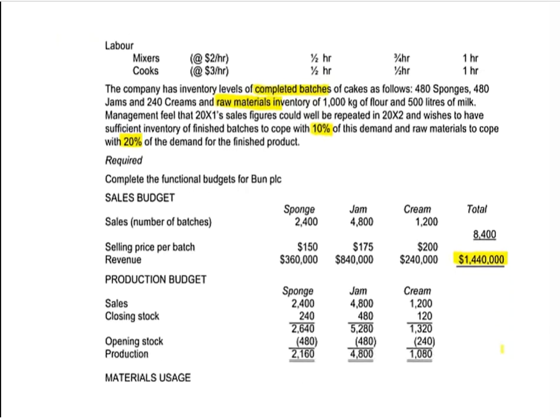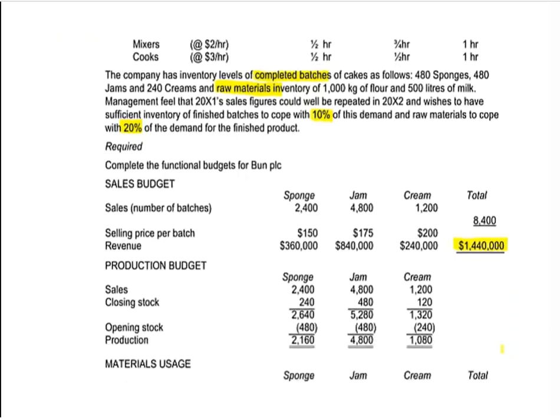For the production budget, we start off with the sales figure, which for sponges is 2,400, and we need to add on the closing inventory, which remember is 10% of this year's sales, because its anticipated sales will stay the same.